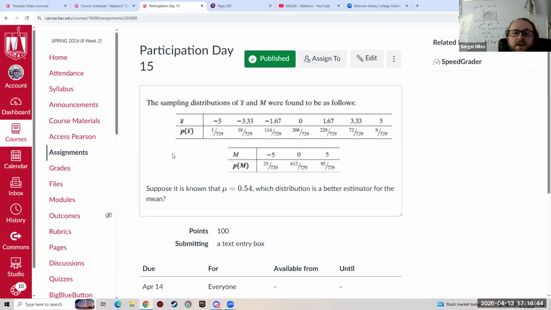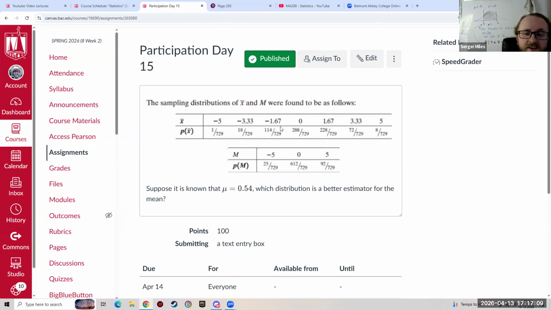And essentially what's happening here is that we've created two different sampling distributions. We're trying to estimate the population average in this situation, okay? We have X bar, where these are different sample averages we've seen. There's -5, -3.33, -1.67, so on and so forth.